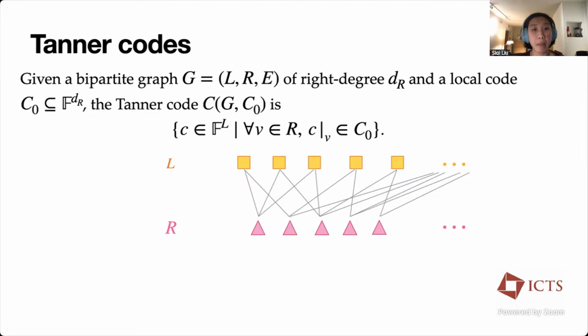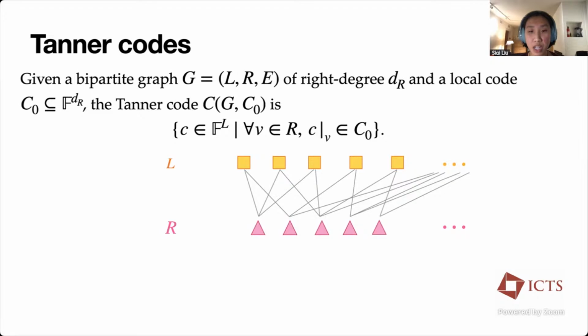So given a bipartite graph G with vertex set L and R, and also it's a right regular bipartite graph with right degree dr, and also given a local code C0 with block length dr, then we can define this tensor code for this bipartite graph G and this local code C0 to be the set of codewords whose coordinates essentially correspond to vertices in the vertex set L, and also who need to satisfy the following conditions.